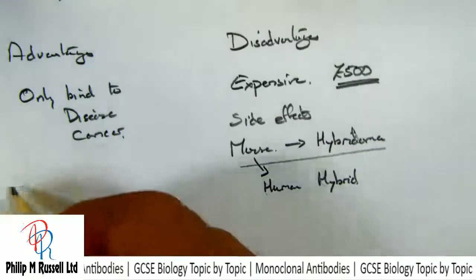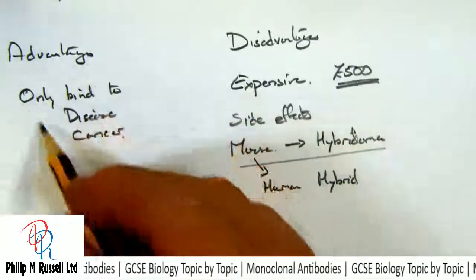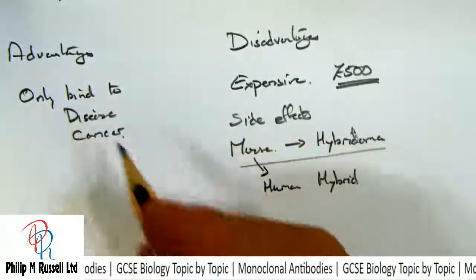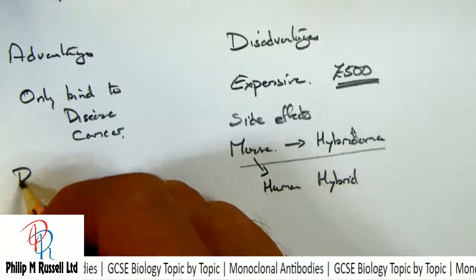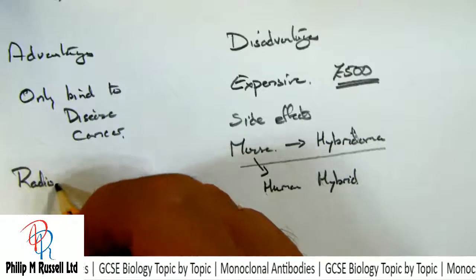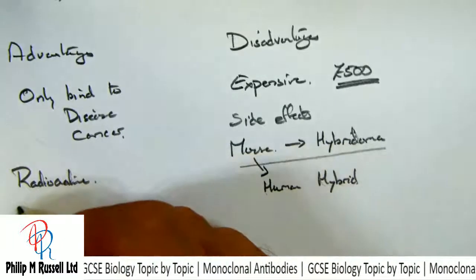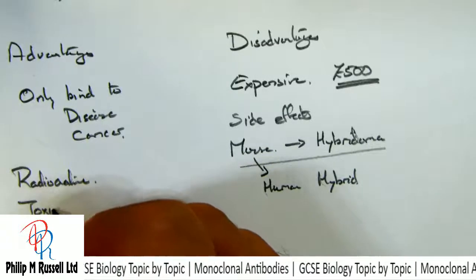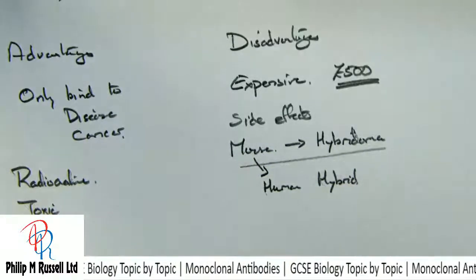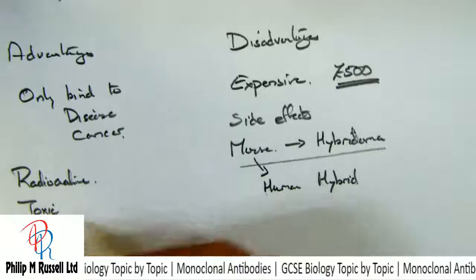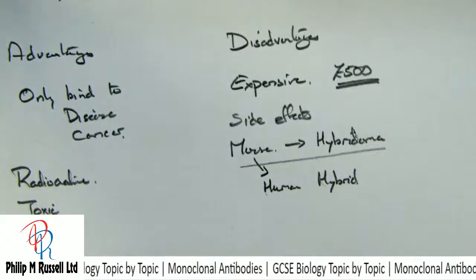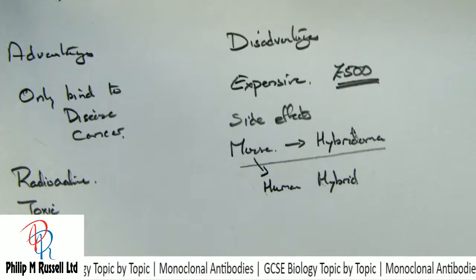We can try to get some of these monoclonal antibodies to hold things like a radioactive source or a toxic chemical, and this will only target one thing.